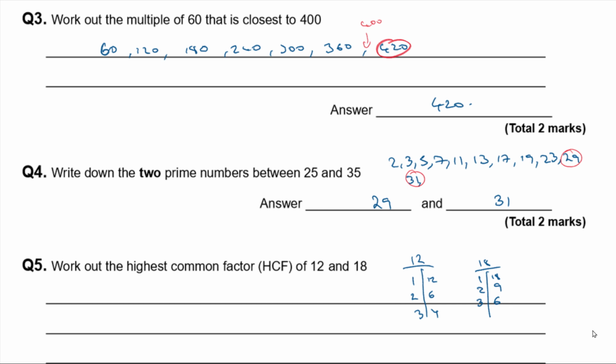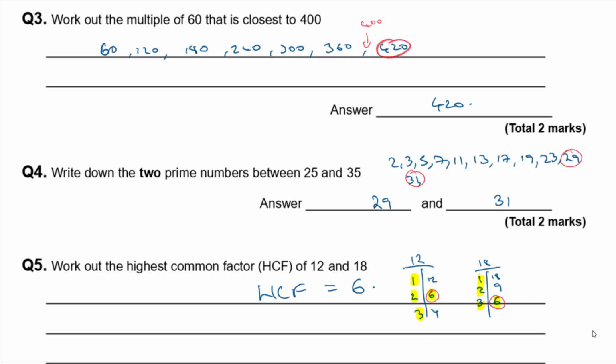So what is the biggest number that's on both lists? Well, numbers on both lists are 1, 2, 3 and 6. Look, 1, 2, 3 and 6. And the largest number on both lists is the 6 then, isn't it? So the HCF of these two numbers is 6.